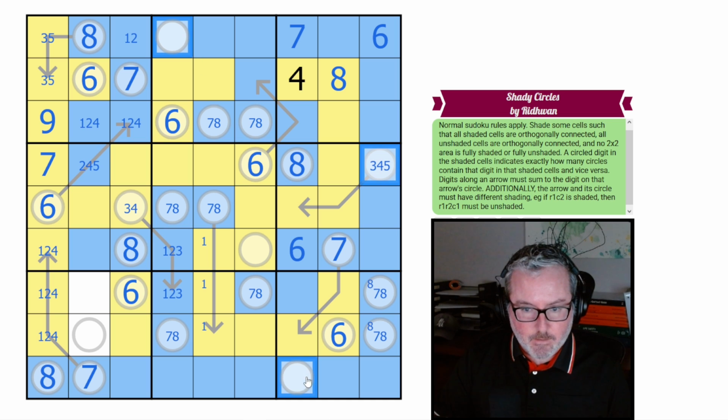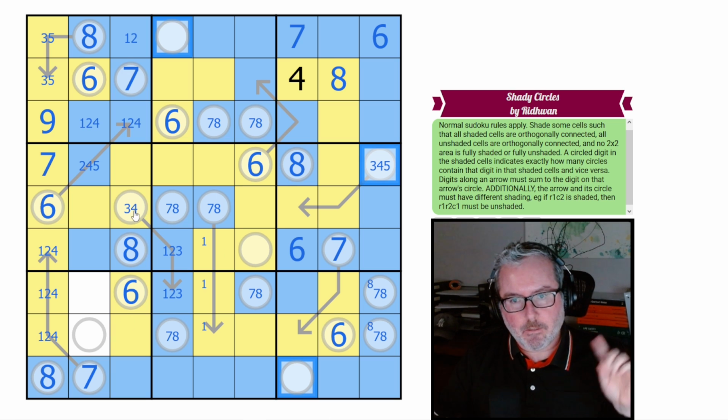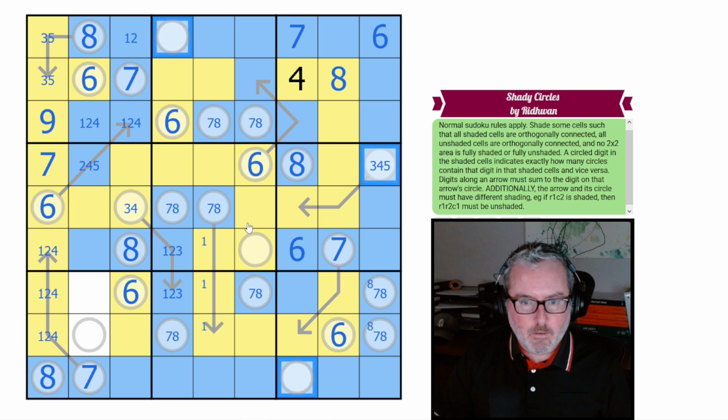So we have 3 blues. No, it is actually 3, but the color change is a little bit different. Okay, because we have a yellow 3 or 4.